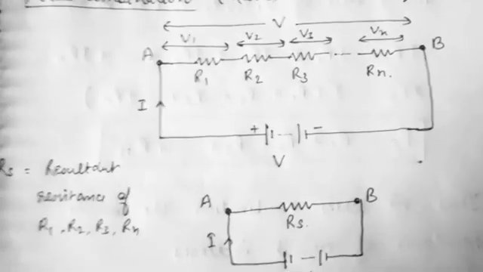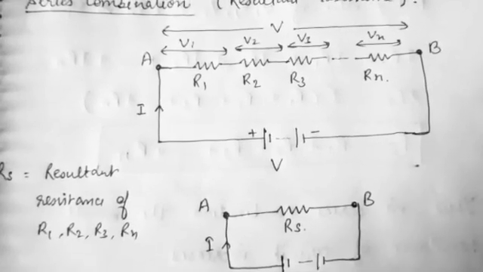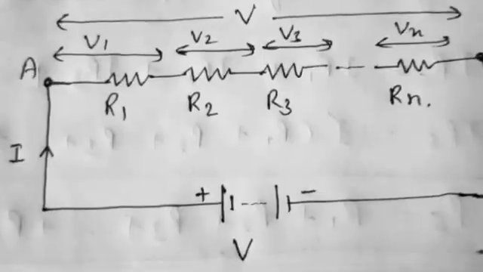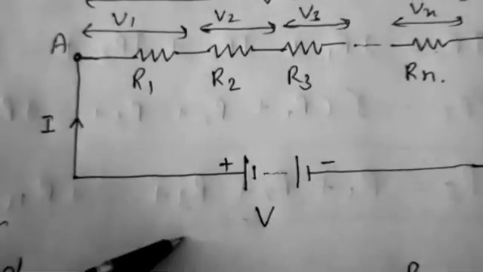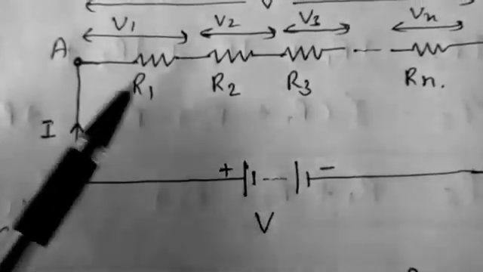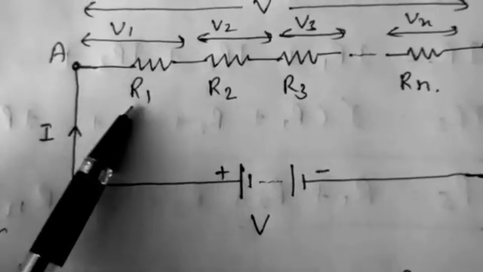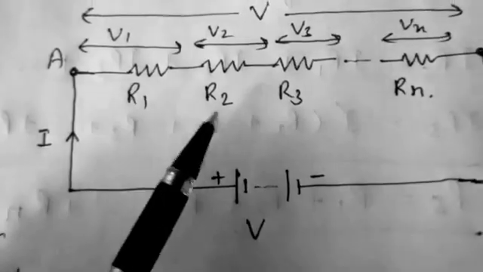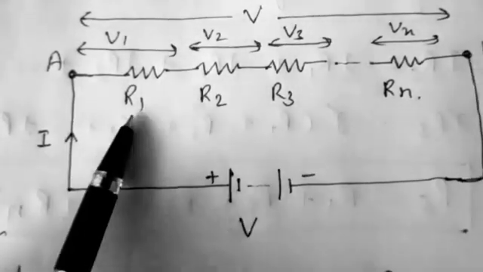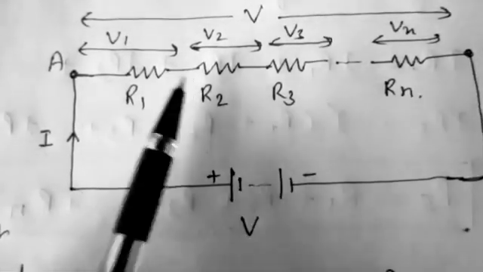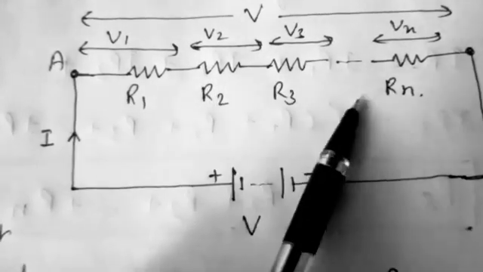Suppose we talk about the series combination and the resultant resistance. In the first figure, the supply voltage is V, and the various resistances combined in the circuit are R1, R2, R3 and Rn. These R1, R2, R3, Rn are connected end to end.